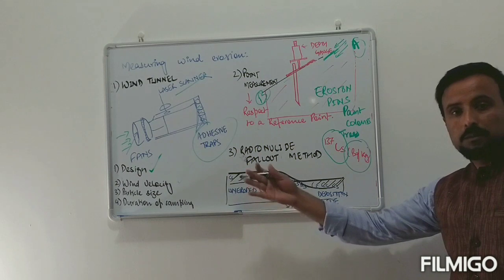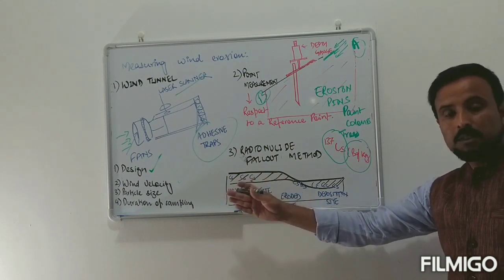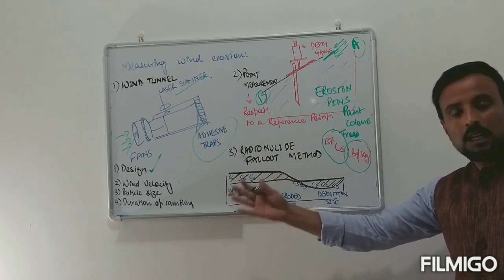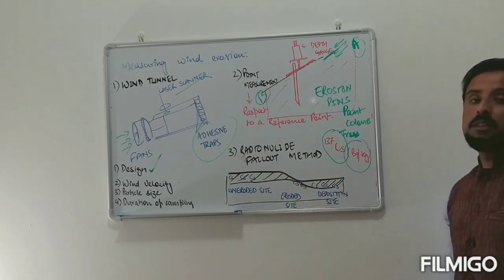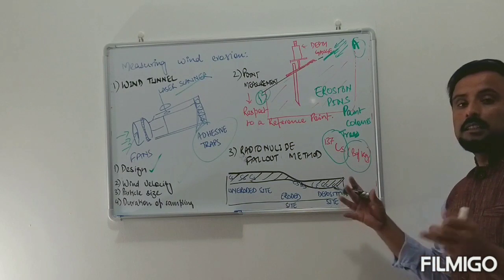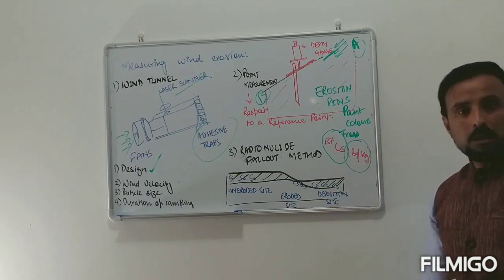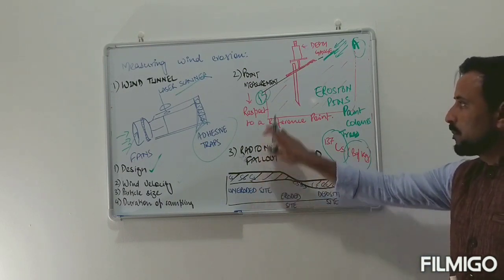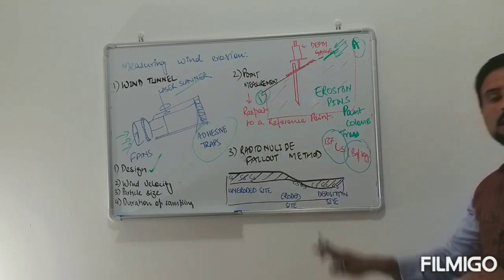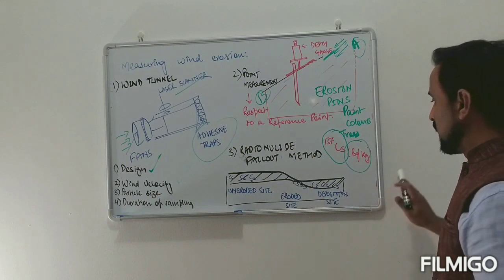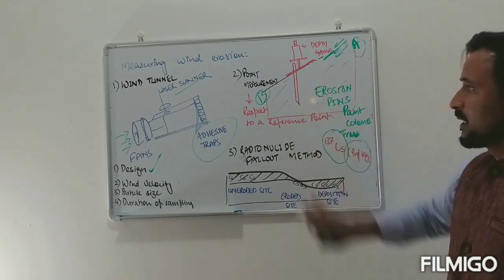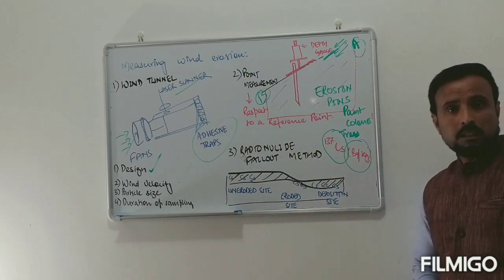If the activity of cesium is less at these points, that means these sites are losing the soil, and if the activity is more at a particular site, that means this particular site is gaining more soil particles. But as compared to point measurement in wind erosion, this method is less used, right? It is costly also. So these three basic methods are used to measure wind erosion.